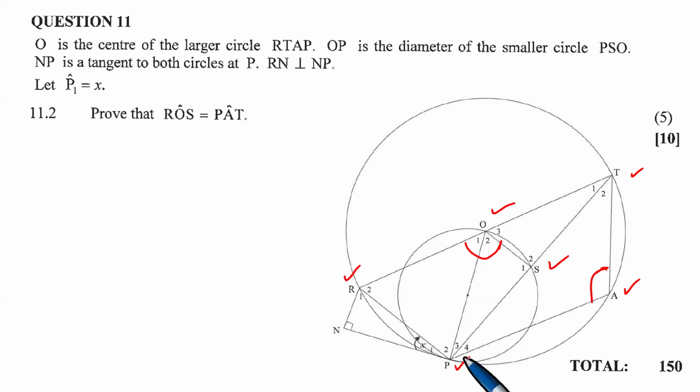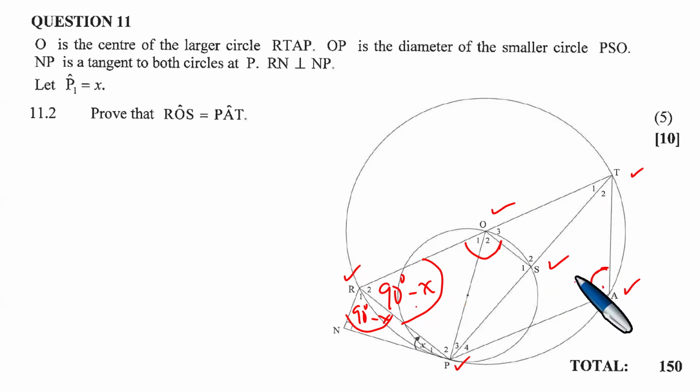Right, let's look first at angle PAT. PAT is equal to what? A couple of things are very important. This angle is 90 degrees minus x, and this one is also 90 degrees minus x. But this angle plus this angle must give us 180 degrees.